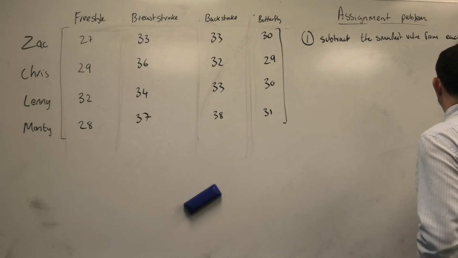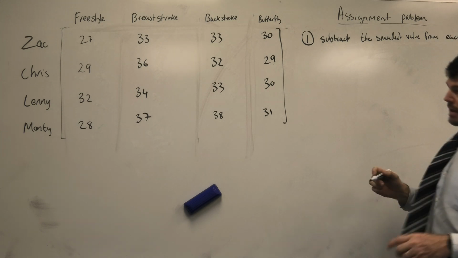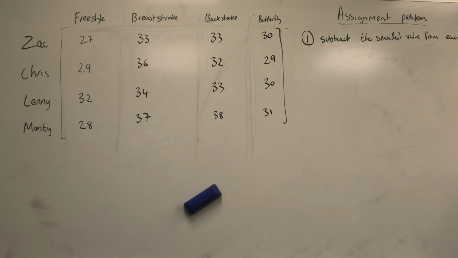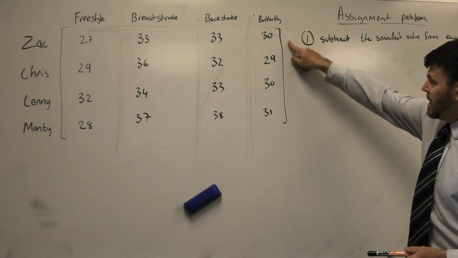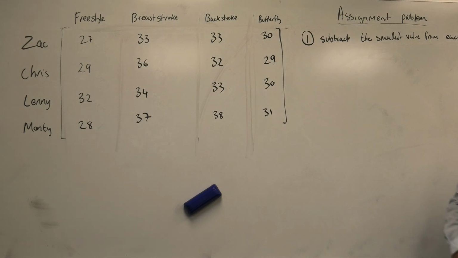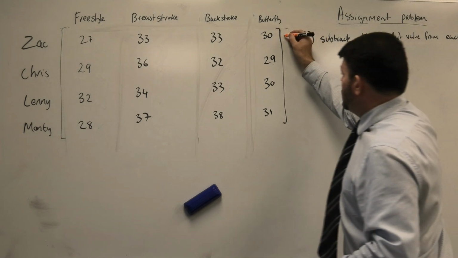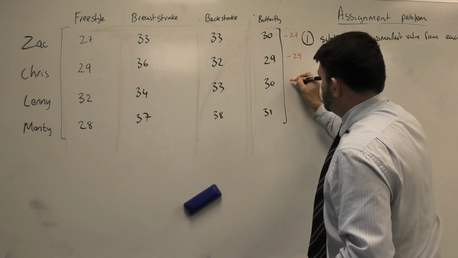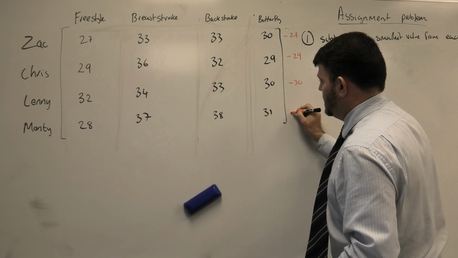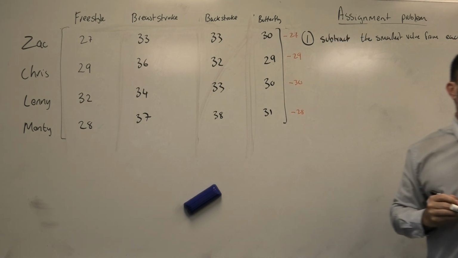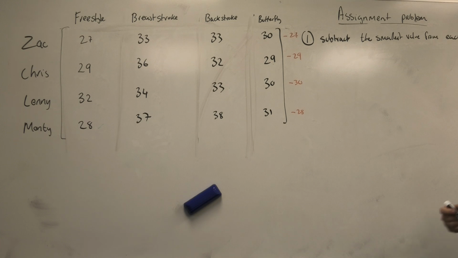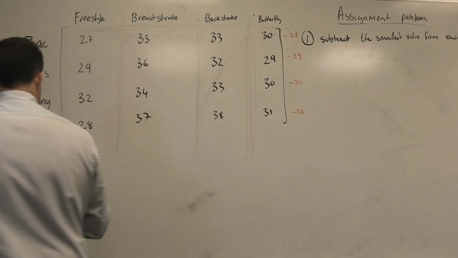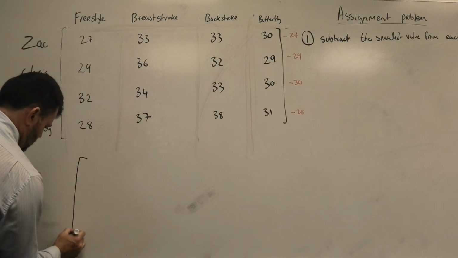What we're trying to do is get as many zeros as possible. So let's subtract the smallest number from each row: minus 27, minus 29, minus 30, and minus 28. That takes us down to a new matrix.